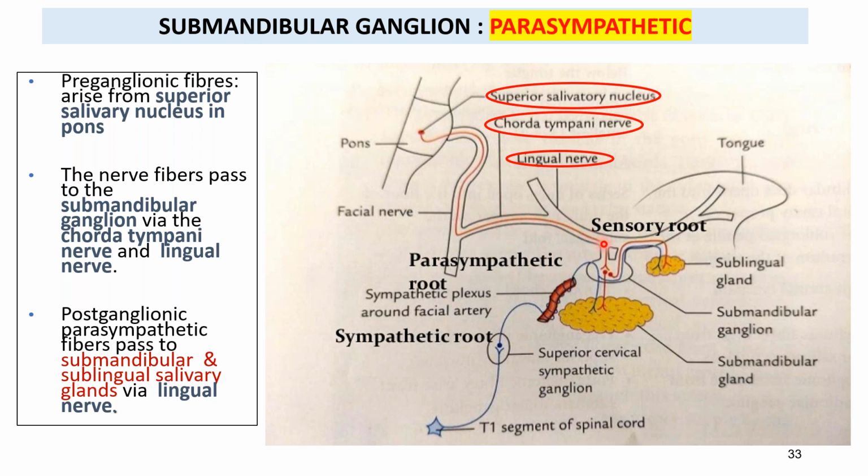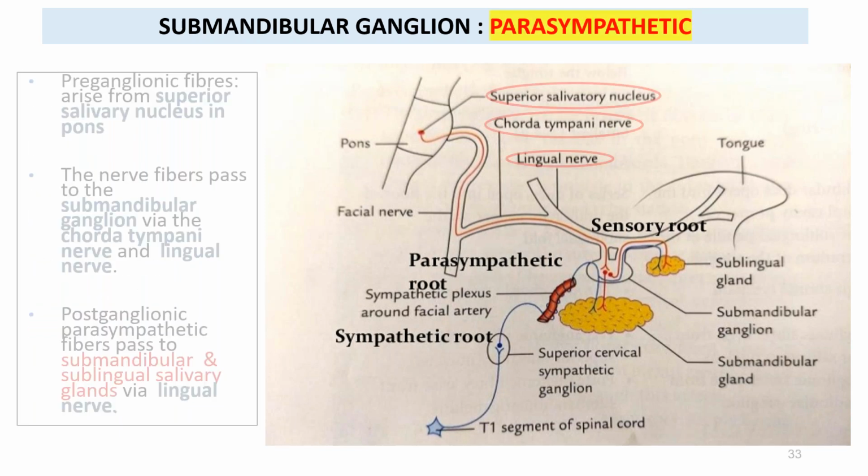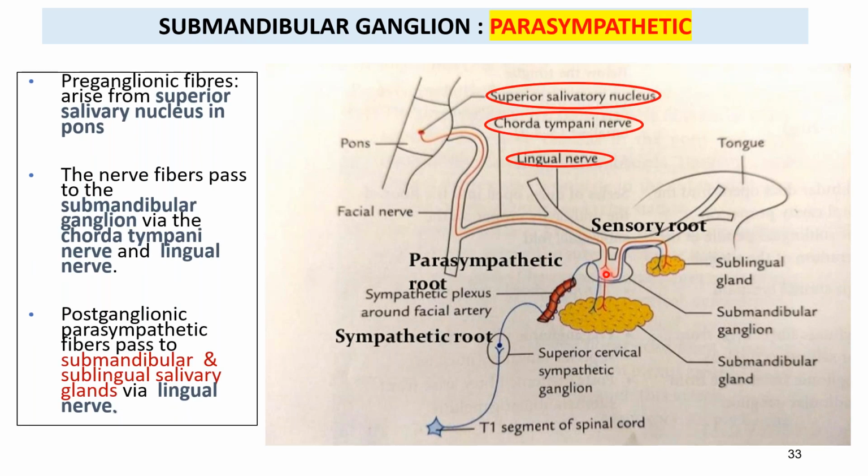It is carried into the lingual nerve, and through the posterior root, it reaches the ganglion. Which ganglion? It is the submandibular ganglion. So in the submandibular ganglion, it synapses and will reach directly to the submandibular gland.